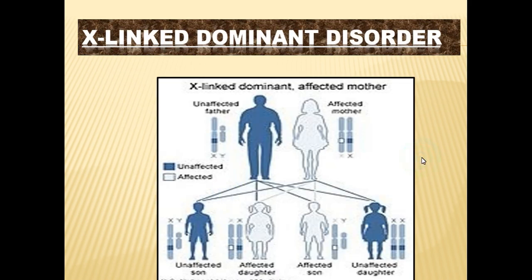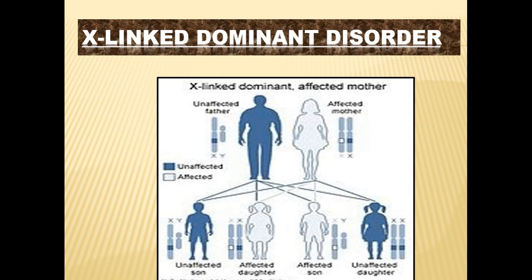Now this is an unaffected father and an affected mother. In X-linked dominant, we have already studied that if one parent has the disease, it can occur.